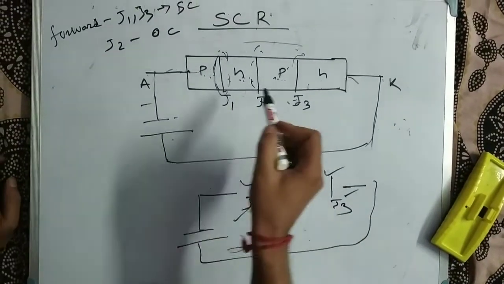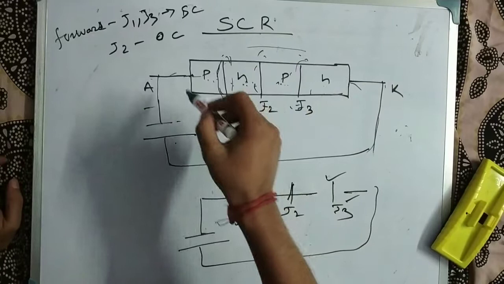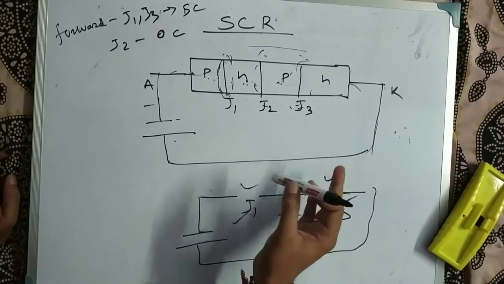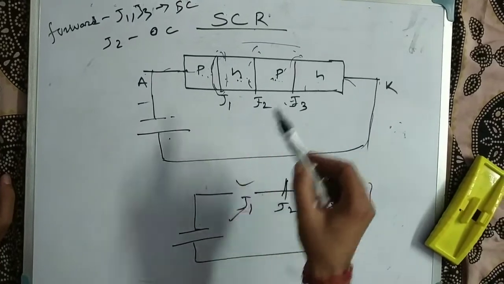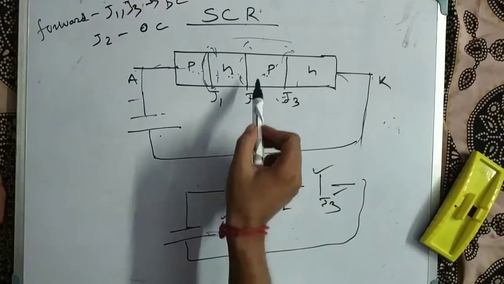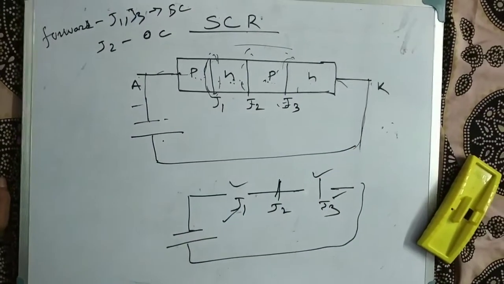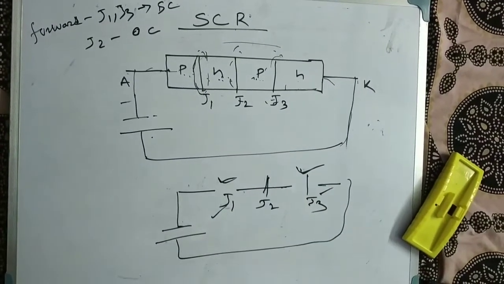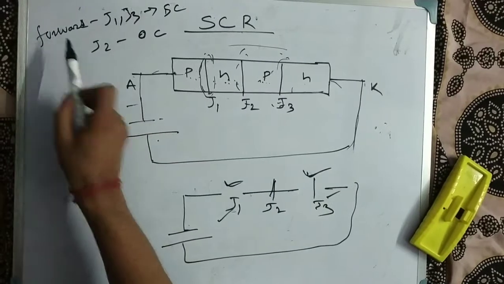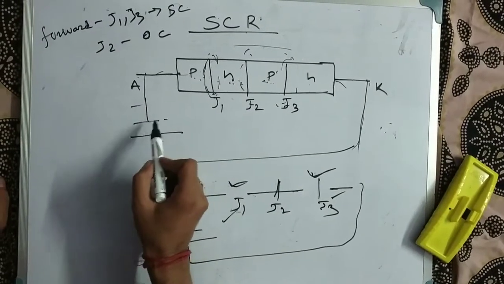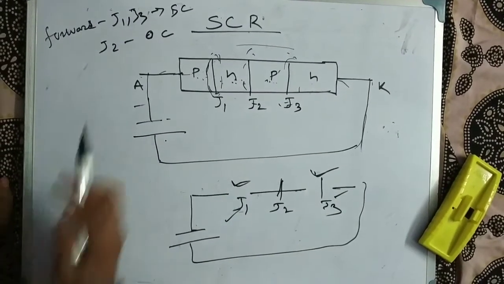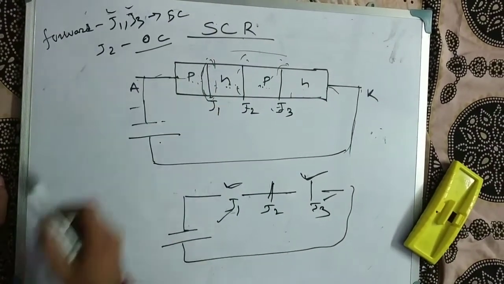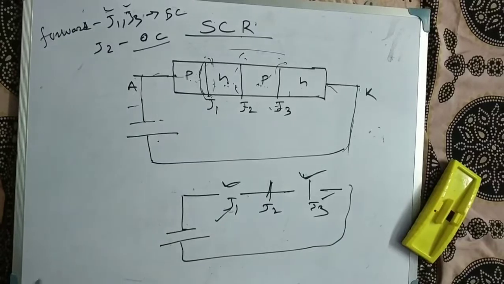So to start this semiconductor device, we must have some arrangement so that we can make this device conduct. For reverse bias condition, we have two open circuited junctions. But for forward bias condition, when the anode is positive and the cathode is negative, there are two forward biased junctions and one open circuited junction, J2.